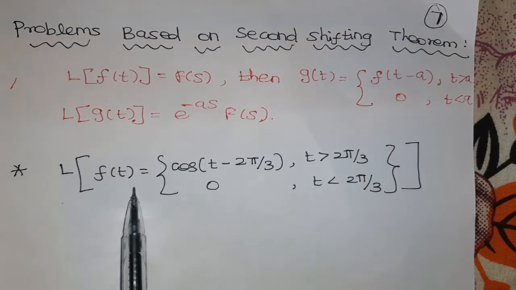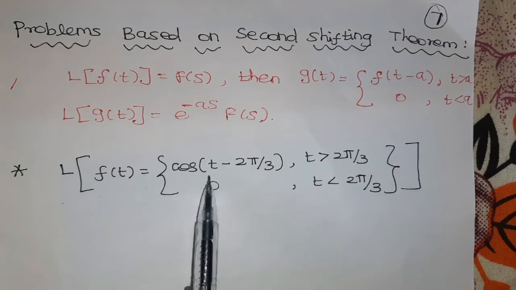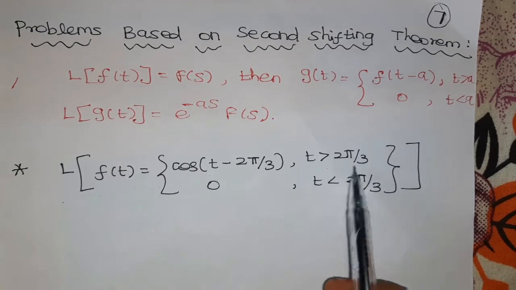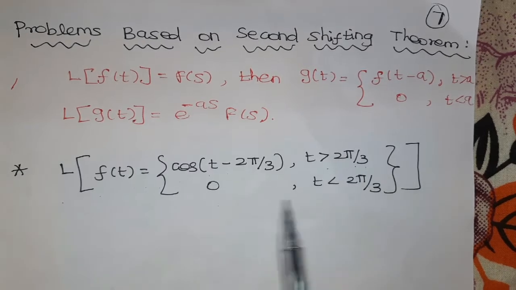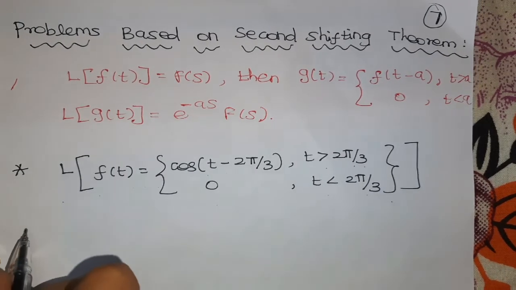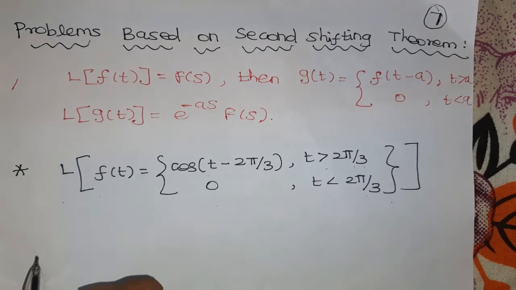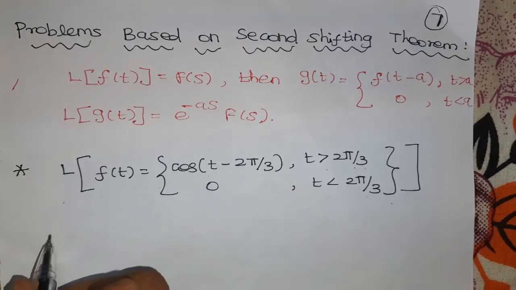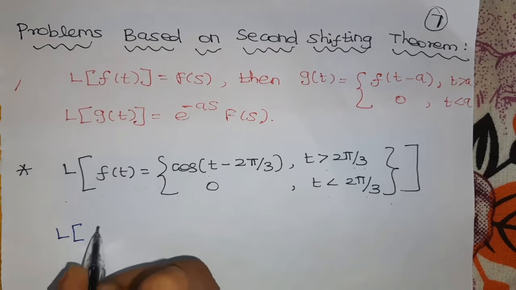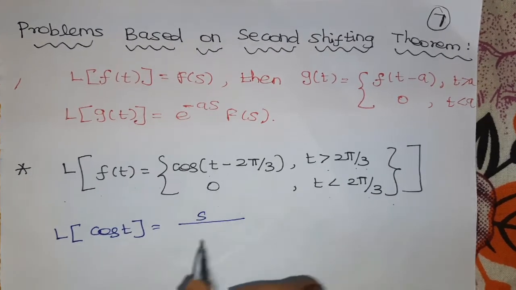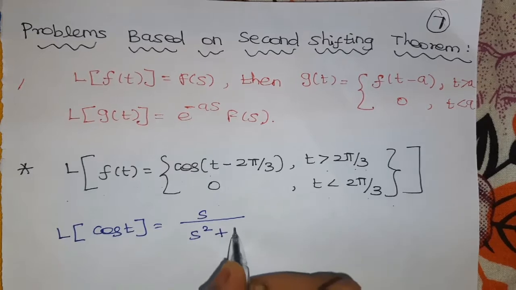The function f of t is equal to cos of (t minus 2 pi by 3) for t greater than 2 pi by 3, and 0 for t less than 2 pi by 3. Let's see how to solve this problem. We know that some time delay is given here. So the Laplace transform of cos t is s divided by s square plus 1.